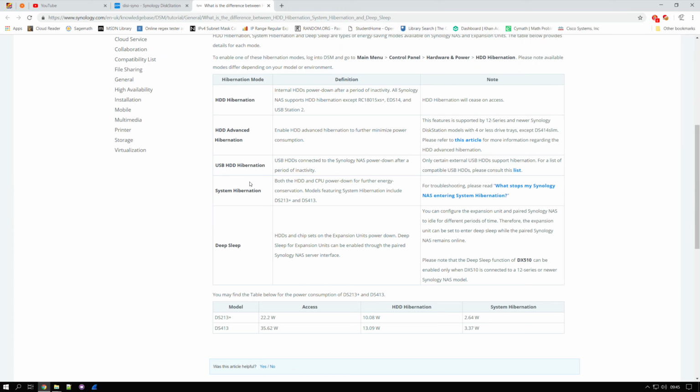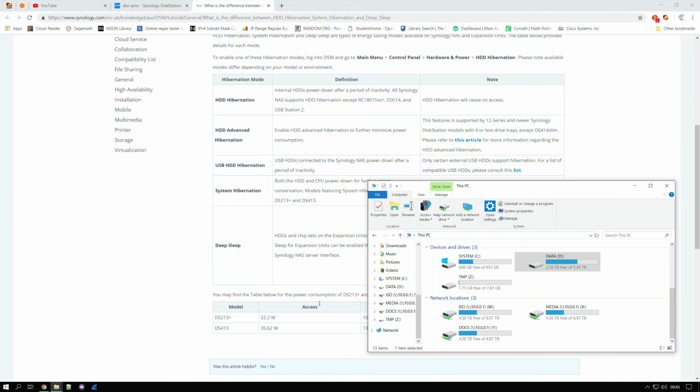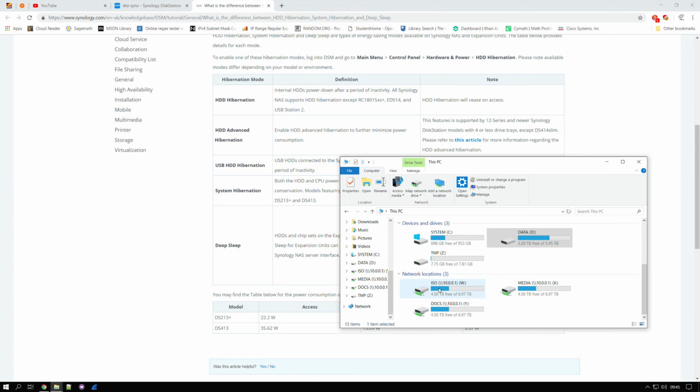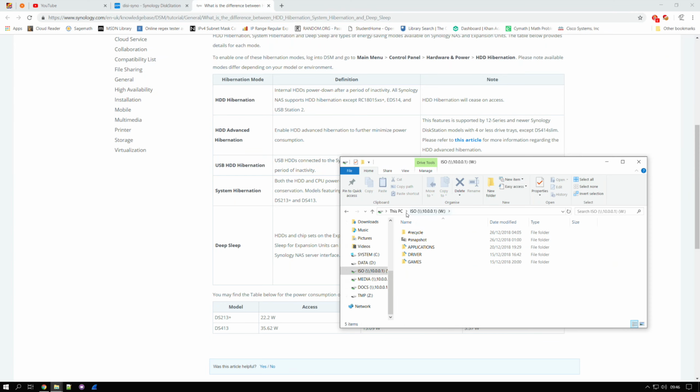What then happens sometimes, if I access these network drives, is that every single hard drive wakes up and it maps the network drives just fine. Everything's working as it should be, and then they stay up and are quick to access.